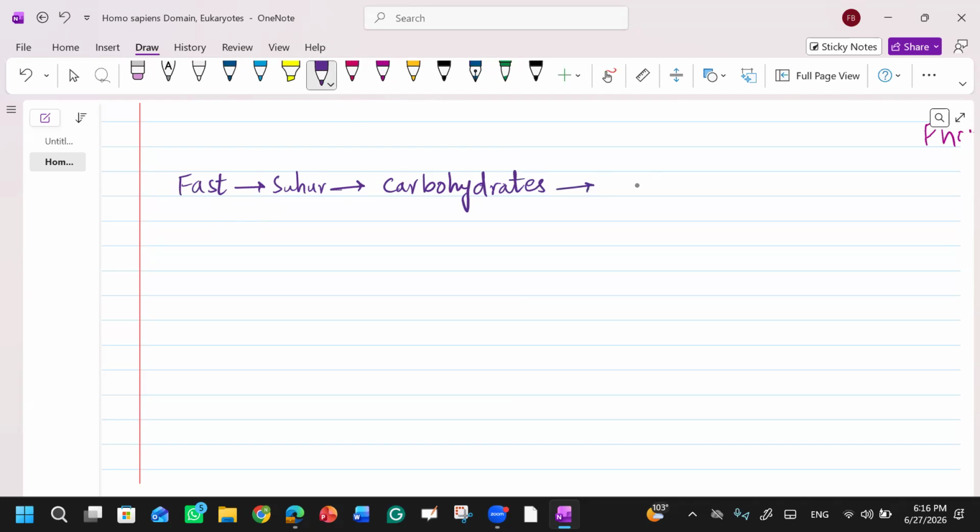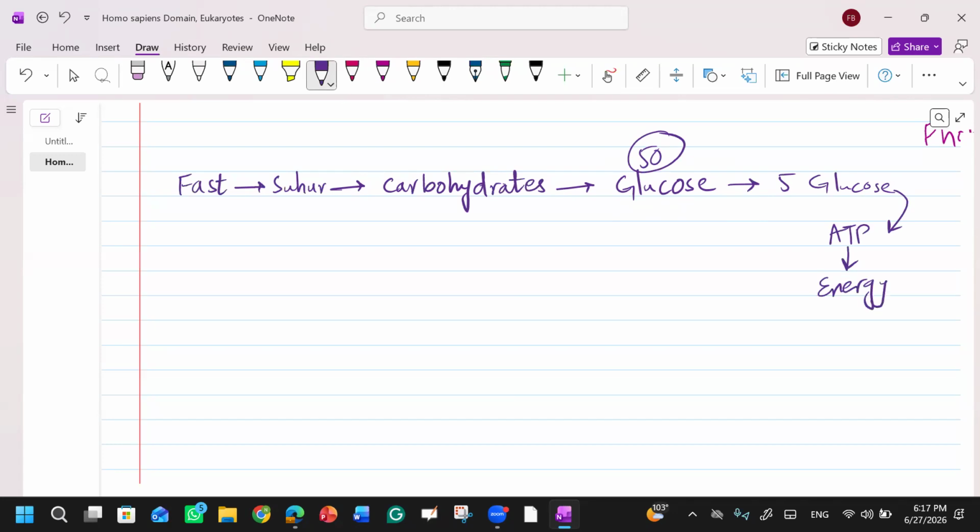Firstly, the carbohydrate will be converted into glucose, and there are much more molecules of glucose, but in the suhoor time you only need, let's suppose there are 50 molecules of glucose, you just need five molecules. So five molecules of the glucose will be used up, converted into ATP, and your body will get energy, right?